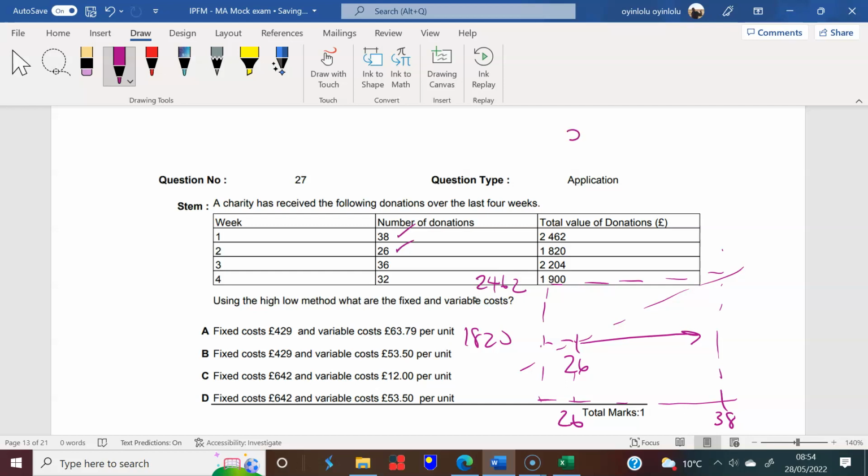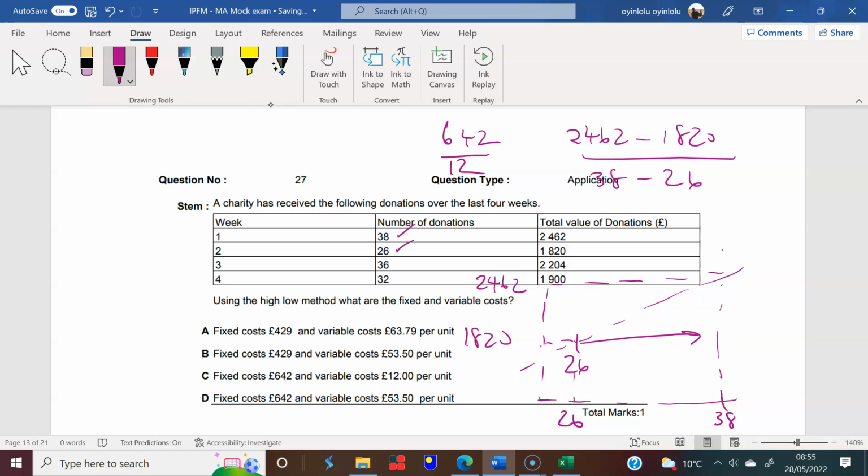In effect, we're saying 2462 minus 1820, divided by 38 minus 26. 2462 minus 1820 is 642, divided by 38 minus 26, which is 12. So 642 divided by 12 is the variable cost.